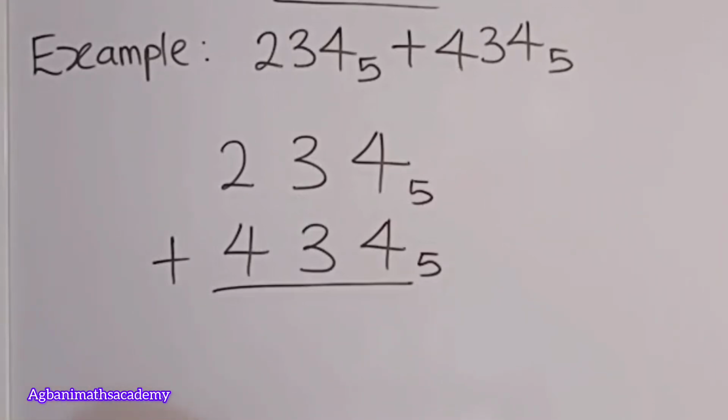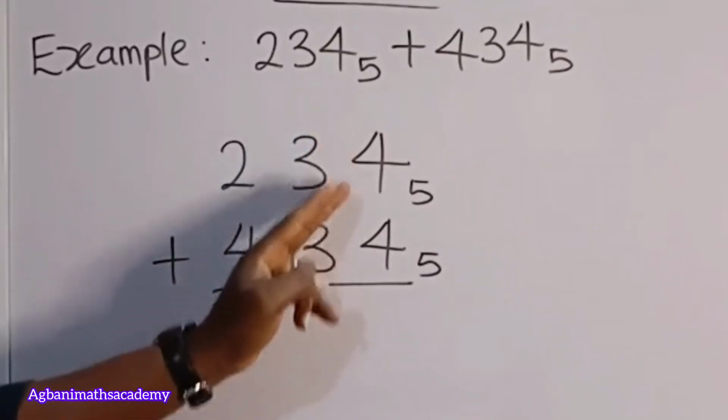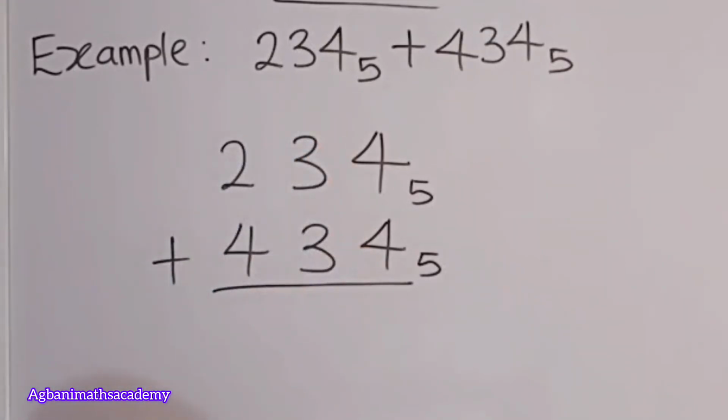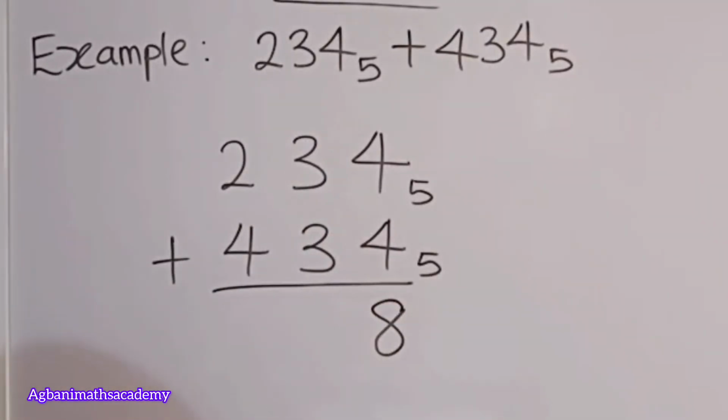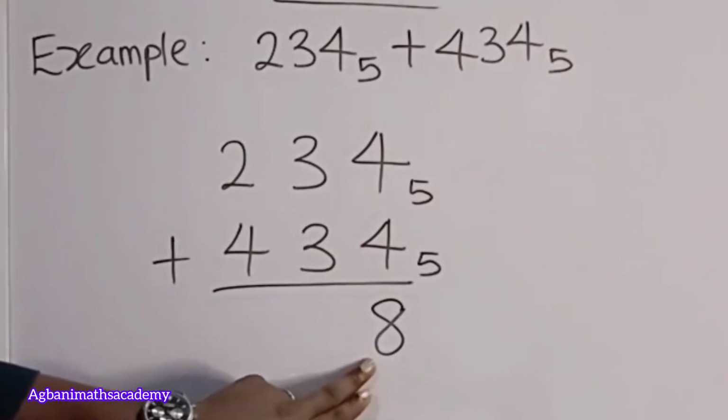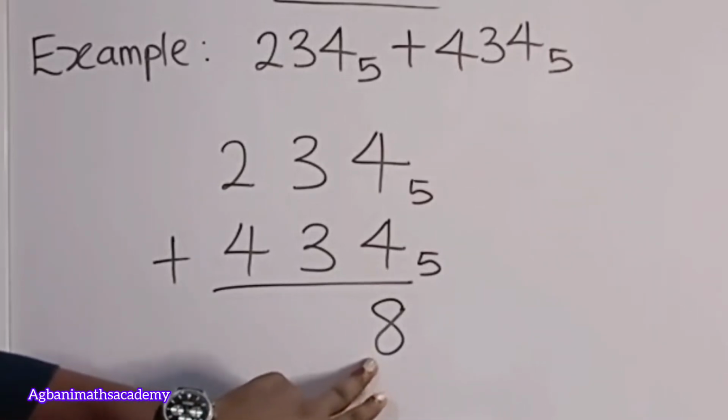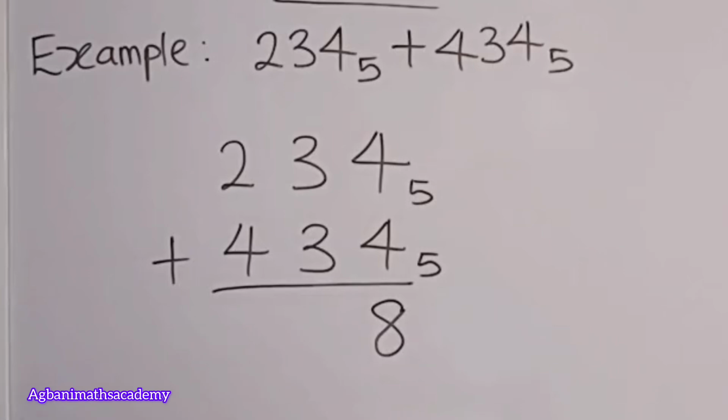In fact, base 5 cannot contain 5. Okay, so if you look at this, 4 plus 4 gives us 8. So I'm supposed to write 8 here. But base 5 cannot have a number bigger than 5. Okay, so 8 is bigger than 5.